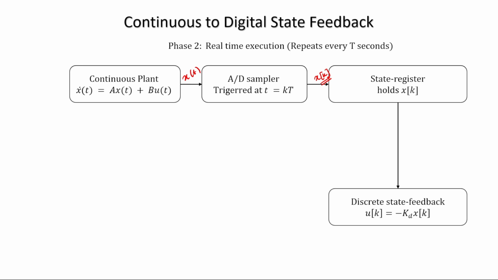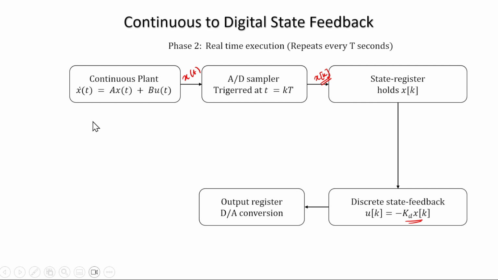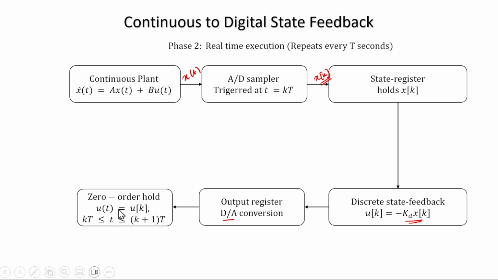This is a matrix vector multiplication, and this can be easily done. Once you have uk, it is written to the digital to analog converter, which converts it into a signal ut. Then you feed this into the actual continuous time system.